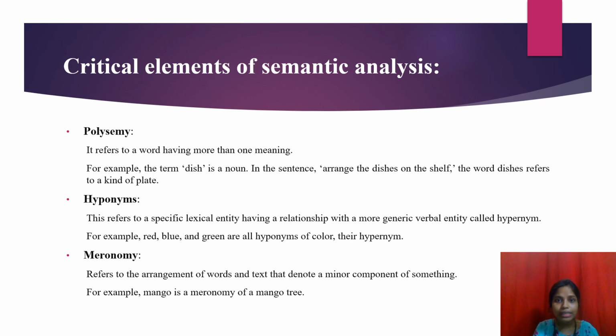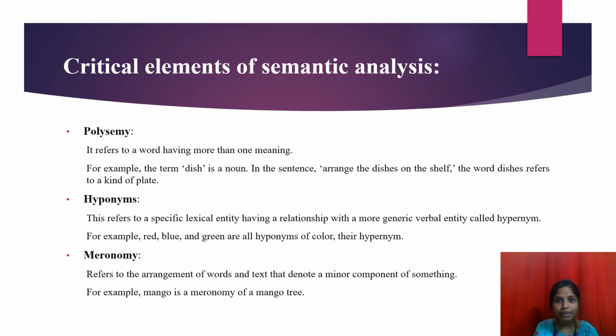The second one is hyponyms. This is like saying that specific words are related to more general words. For example, red, blue, and green are all types of colors. So, color is the more general word, which is known as hypernym, and the specific colors are the hyponyms.